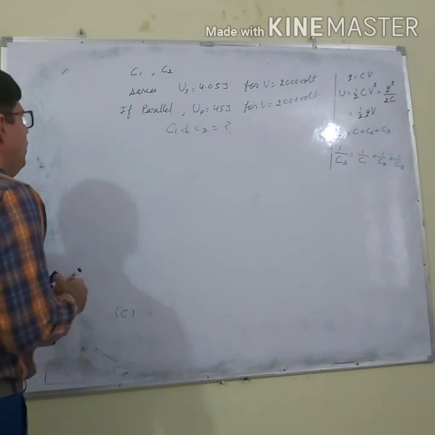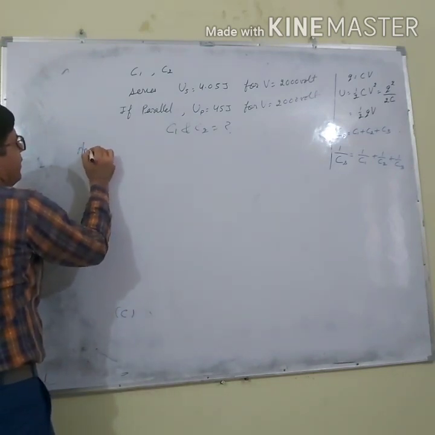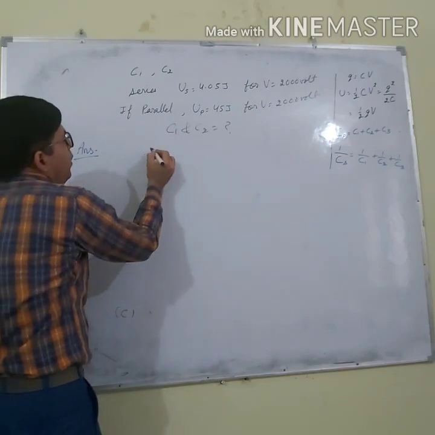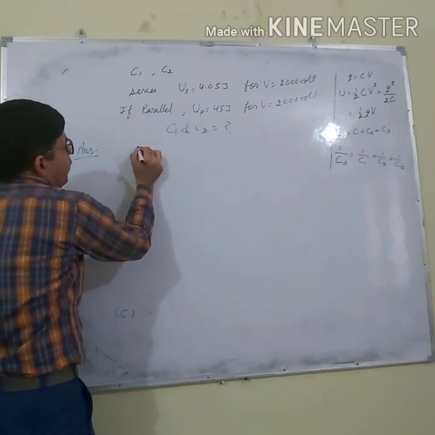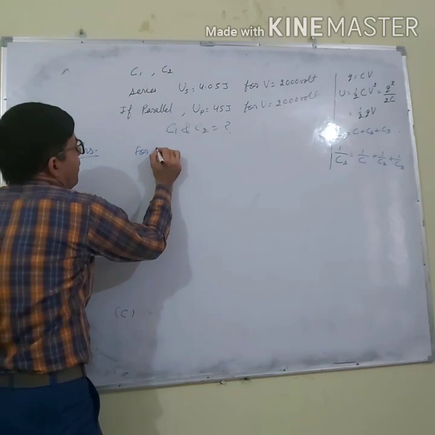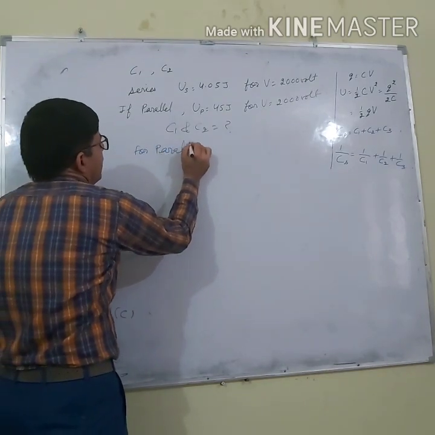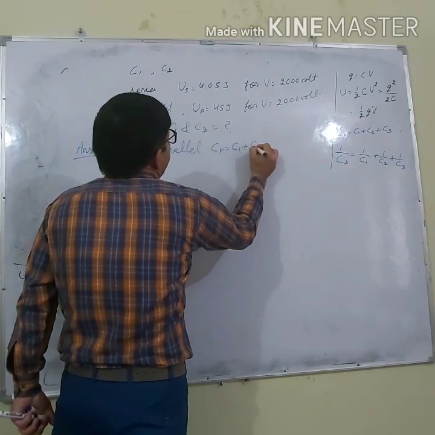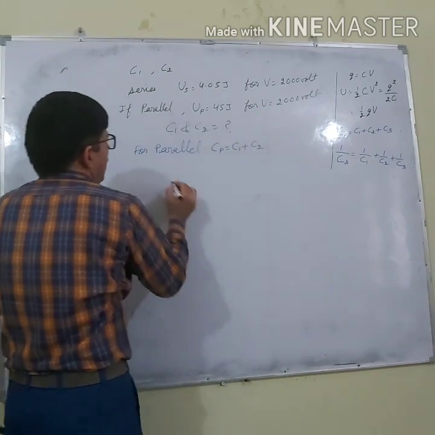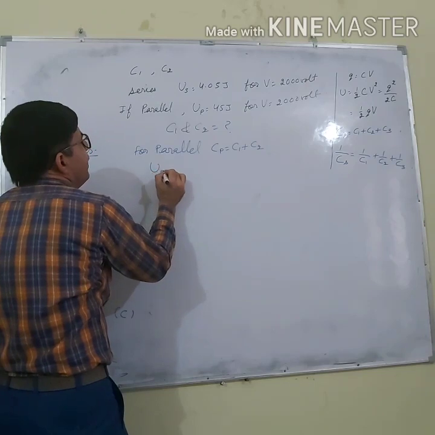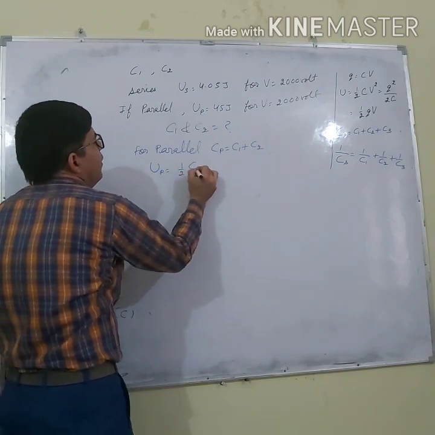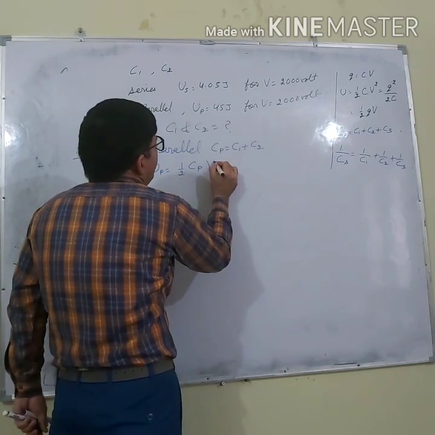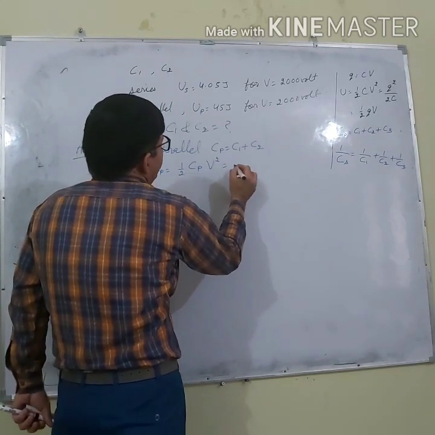Now let's calculate C1 and C2. All of us know that for parallel, the total capacity is C1 plus C2. And the potential energy in the parallel combination is half total capacity multiplied by potential square.